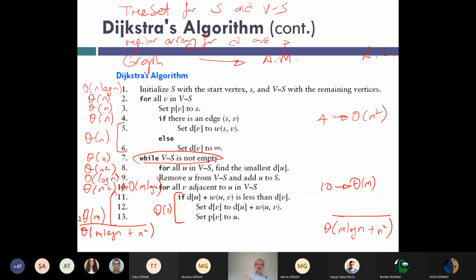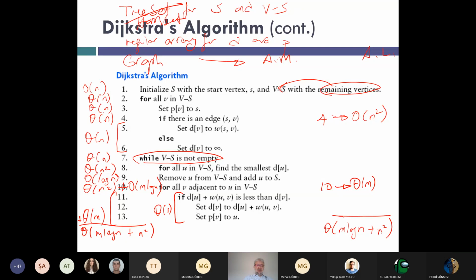What if we use HashSet instead of TreeSet? What would be the difference? This would be different, right? Inserting vertices in V minus S will be constant time, and this will be O(n).